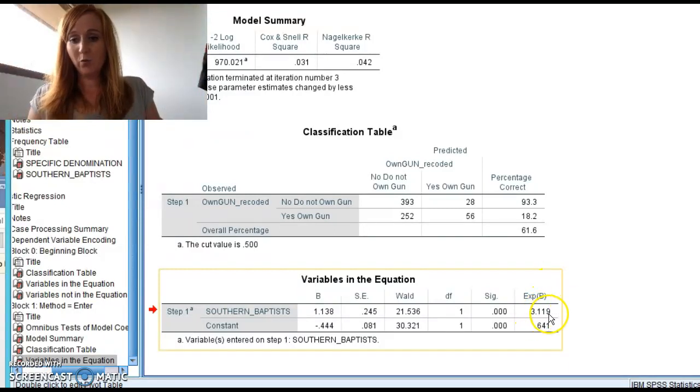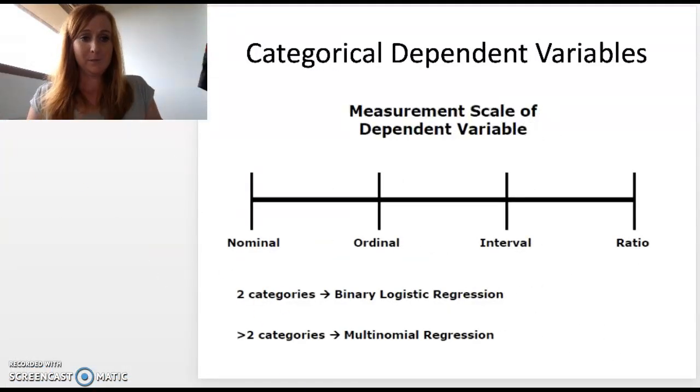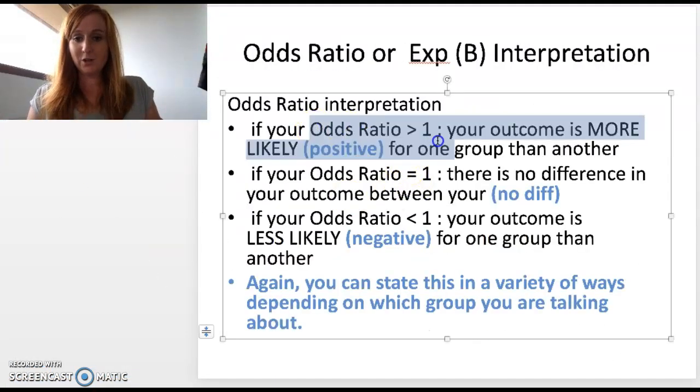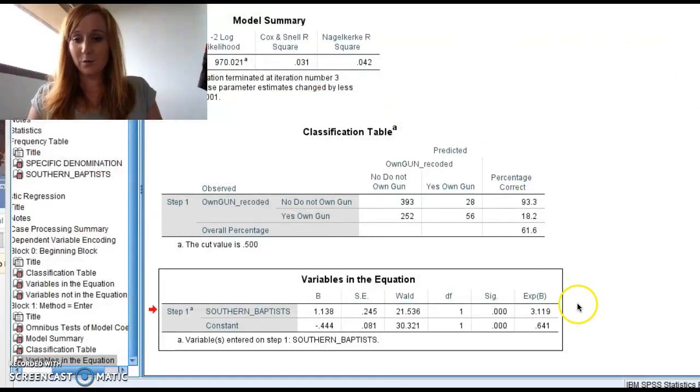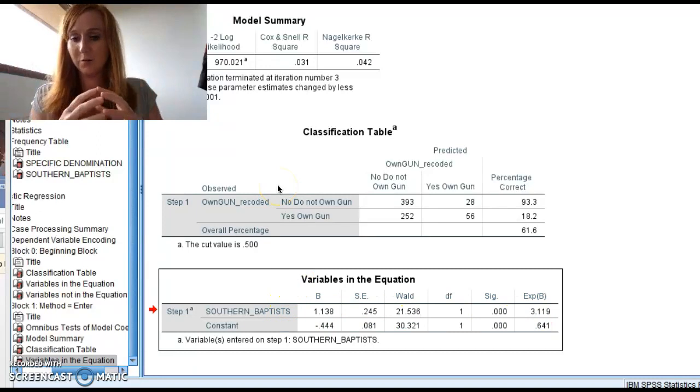So this 3.119, remember back in the slides we said that if your odds ratio is greater than 1, your outcome is more likely for one group than another. Well, 3 is greater than 1, so what does that mean? That means it's more likely. Okay, so basically what this is telling us is Southern Baptists, our ones inside this recoded variable, are 3 times more likely to own a gun as compared to other denominations of Christians.